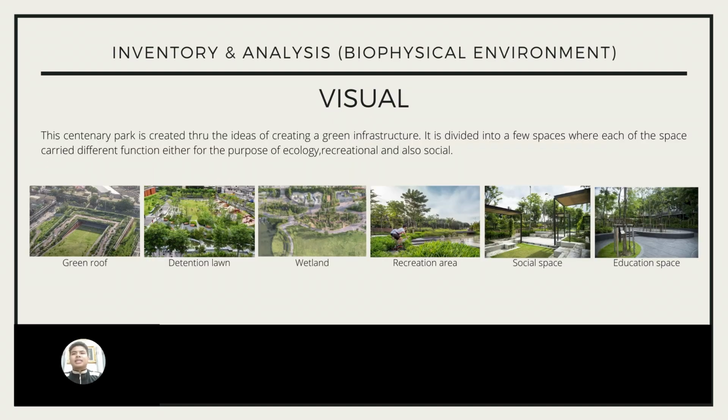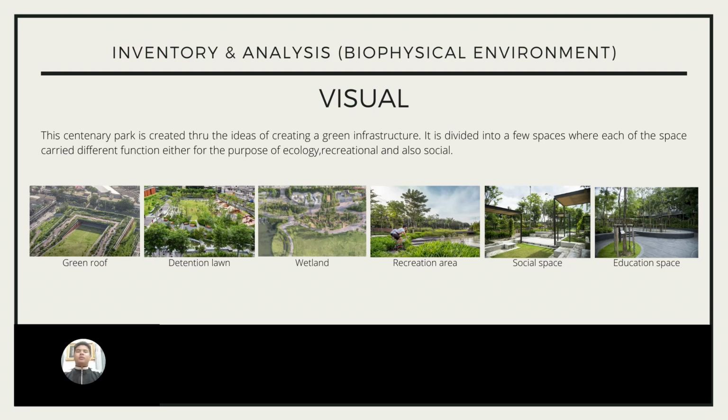So next we have visual. This Centenary Park is created through the idea of creating green infrastructure. It is divided into a few spaces where each space carries a different function, either for the purpose of ecology, recreation, or social. These functions simultaneously create a visual quality that is pleasing for us to see.